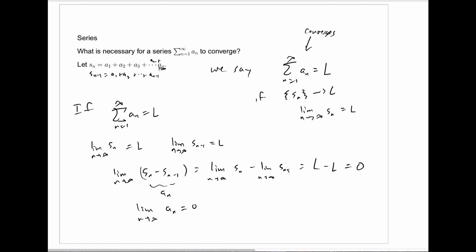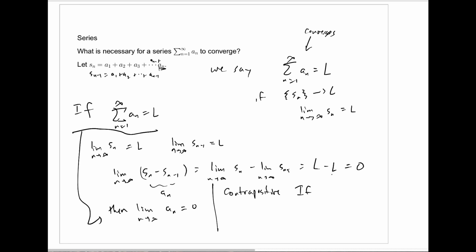So let me underline what we said. We've said if the series converges, then the limit of the individual terms must be 0. The contrapositive of that says if the limit of the individual terms is not 0, then the series cannot converge.